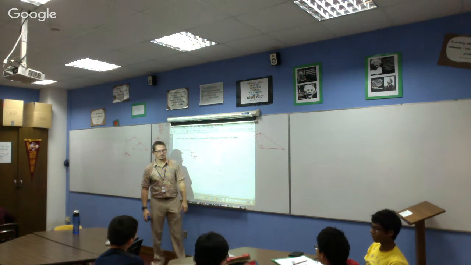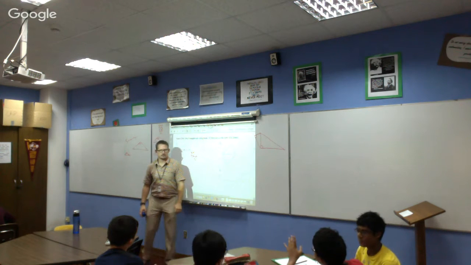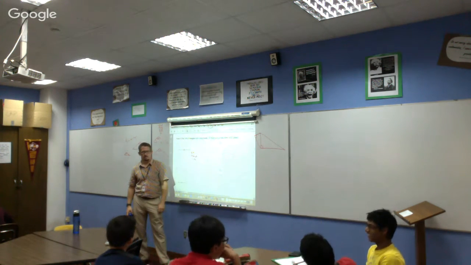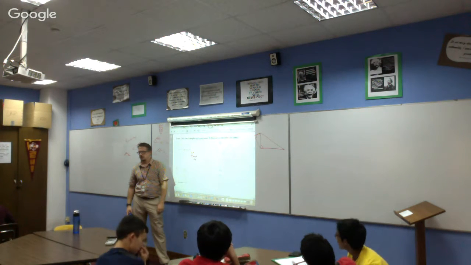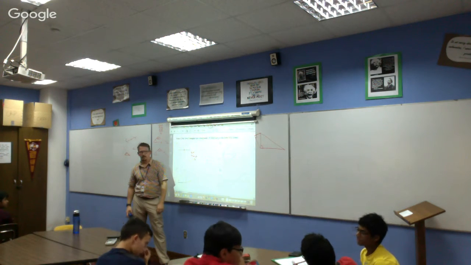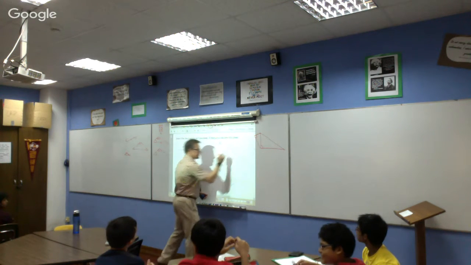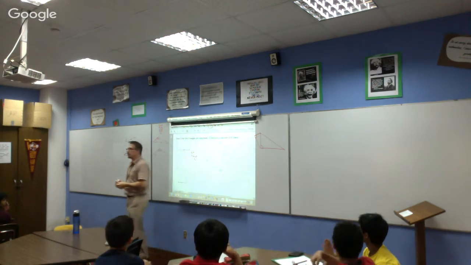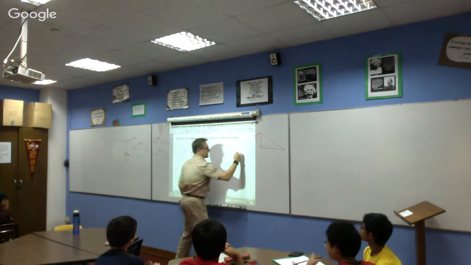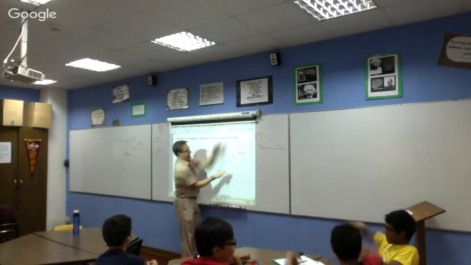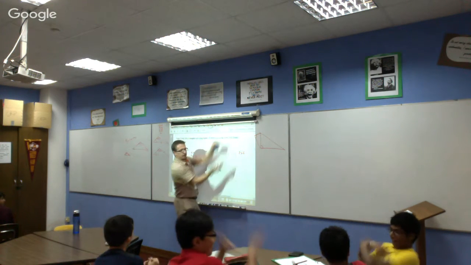How does that happen? Turning 180 degrees. Exactly. Yes, they do share that side, and yes, these two are congruent because of angle, side, angle. But it's not folded over.